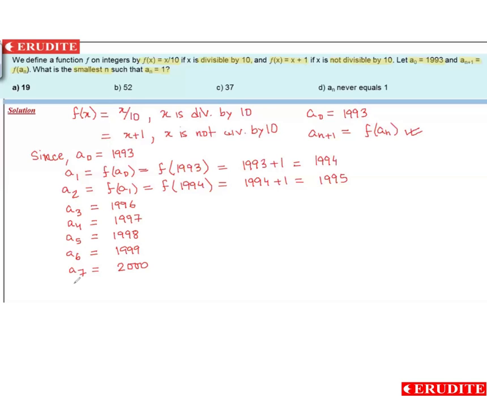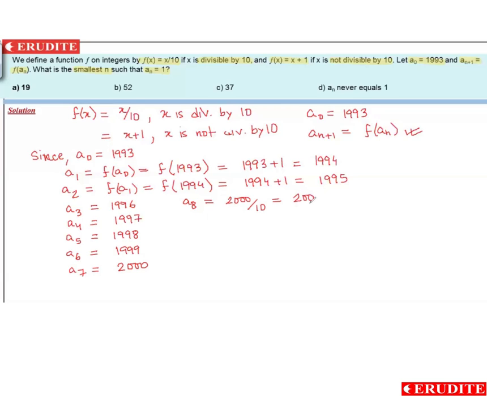Now once we come to a7, which is equal to 2000, we see that 2000 is divisible by 10. So next value, a8, would be 2000 by 10 as per the relationship given, which will be equal to 200.